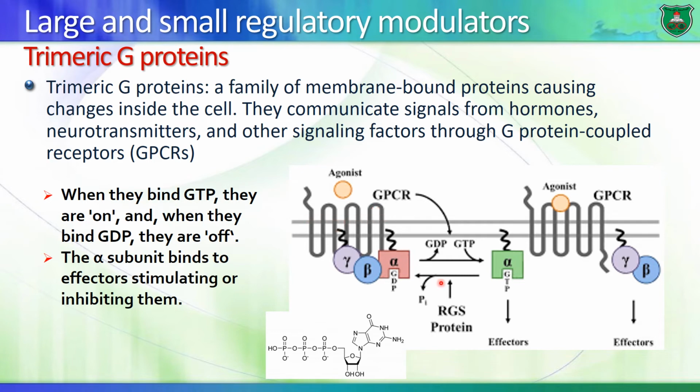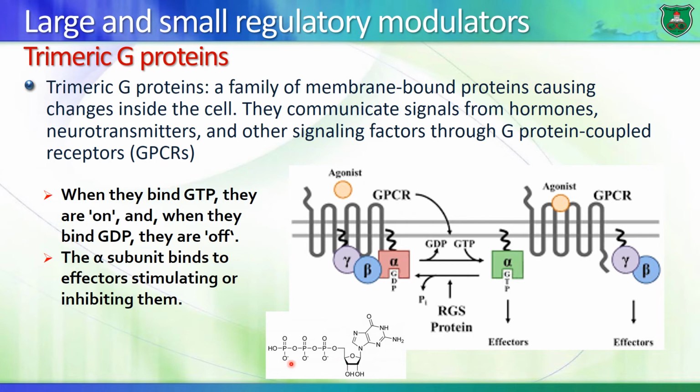This results in release of GDP. Now note that the alpha subunit is associated with GDP. When the receptor changes structure, this induces the release of GDP, and GTP, the guanosine triphosphate, comes in, and it binds to the alpha subunit.